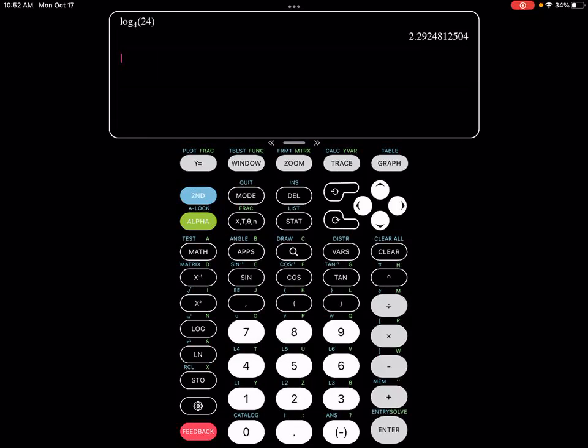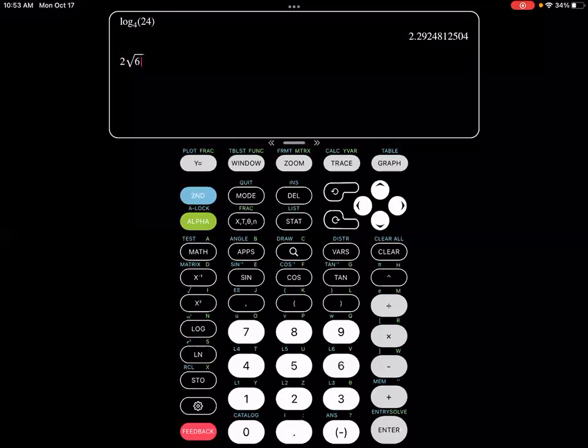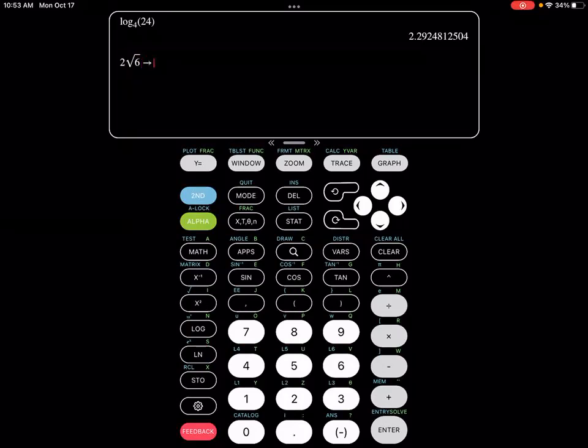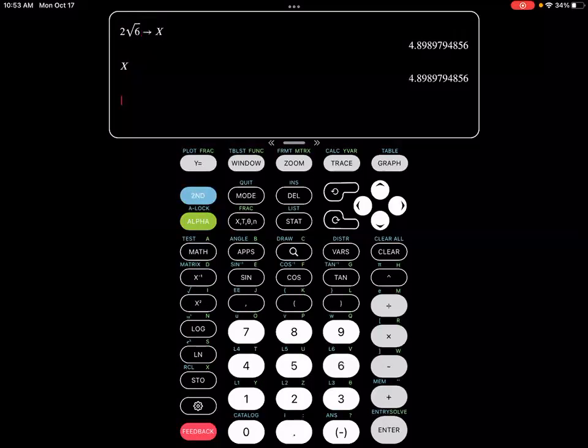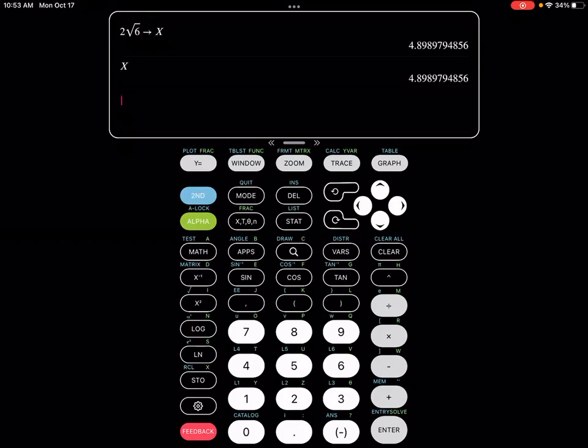So I'm going to do 2 root 6, and then I'm going to store it. STO allows you to store a number into a variable. I'm going to choose X. Store in X, press Enter. So next time you press X, it's that number.